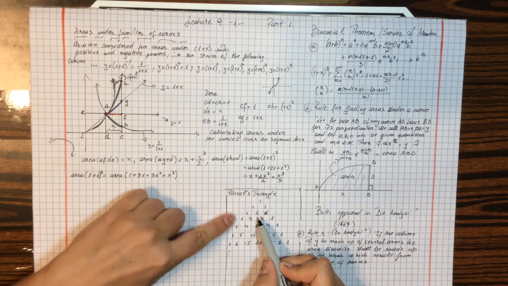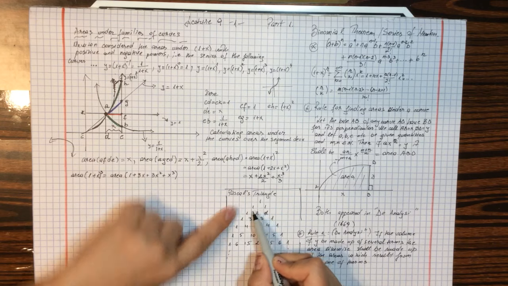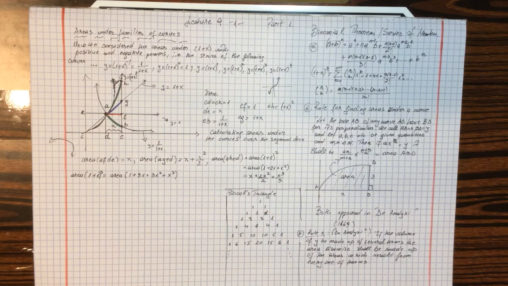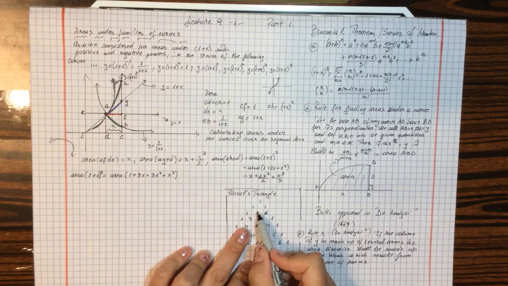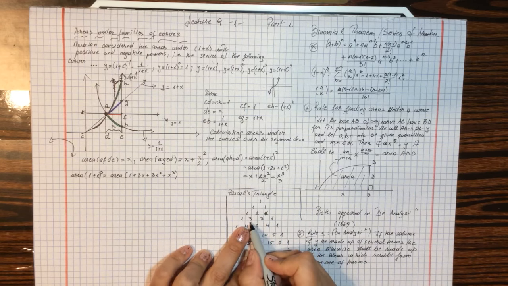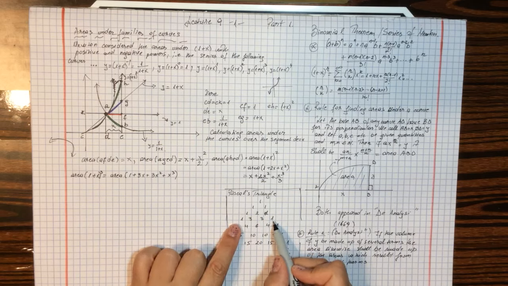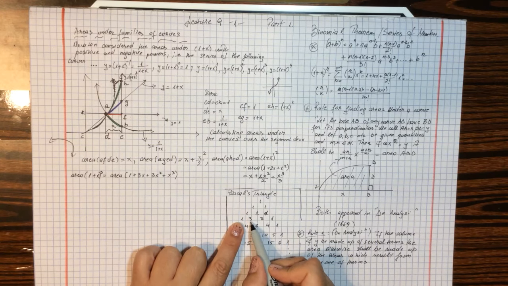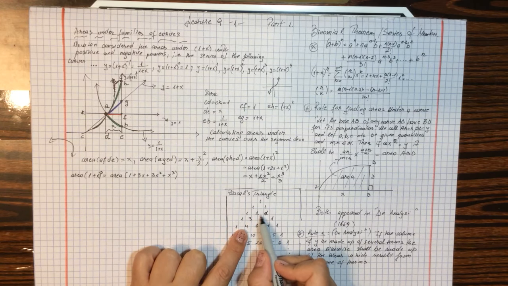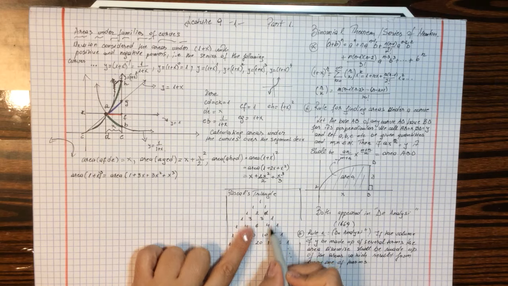This 2 comes from adding 1 and 1, the two entries on top of it. The 3 here comes from adding this 1 and this 2. The 3 here comes from adding this 2 and this 1. Then the next row, again you write 1, 1. Then the next entry will be 1 plus 2, 2 plus 1, 3 each time, and then 1.